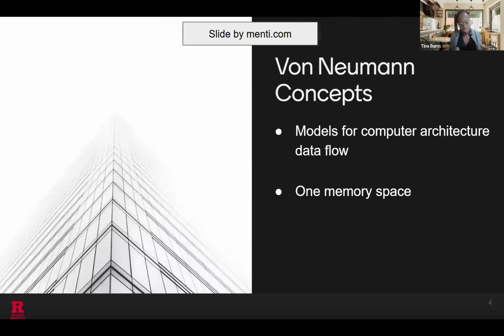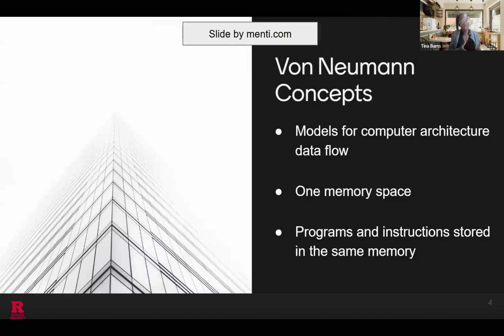There are some architectures, like the Harvard architecture, that have two memory spaces, but this one uses one, which makes it a lot simpler than some of those other models. It makes it easier for you to digest and grasp how things flow between different components of this computer.